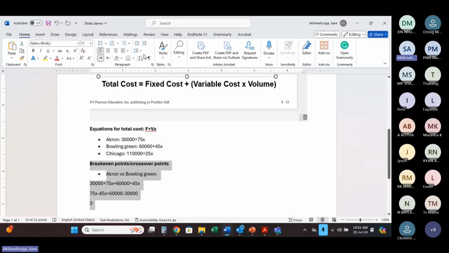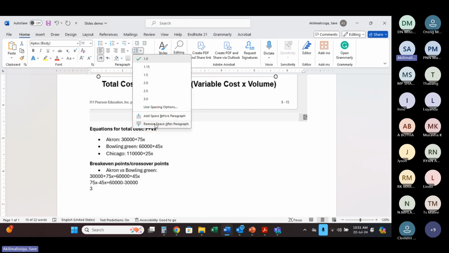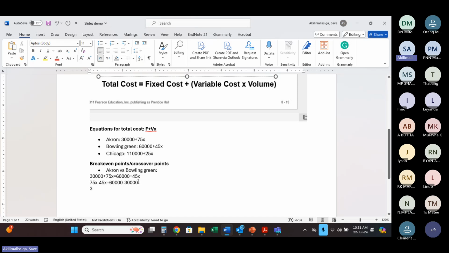Let me reduce the line spacing, or just remove it completely. Beautiful. So that is 30x equals 60,000 minus 30,000, that is 30,000. Here you're going to divide both sides by 30 so that you have x only.